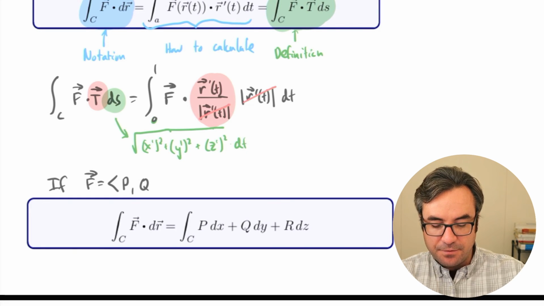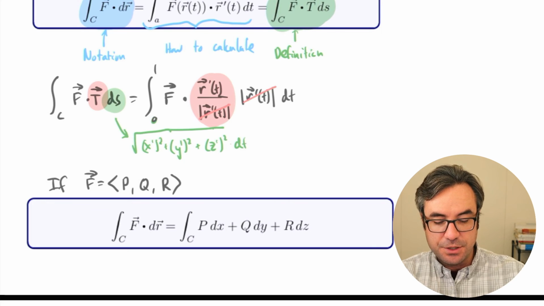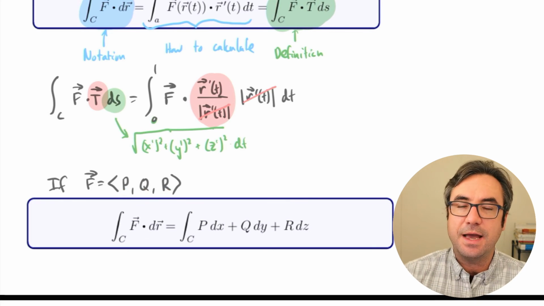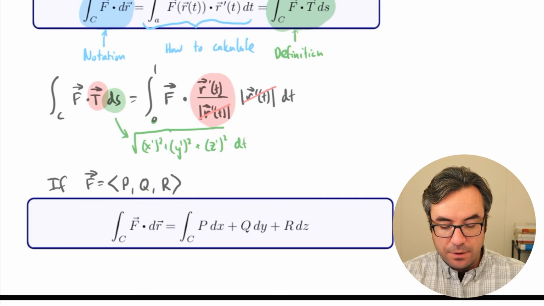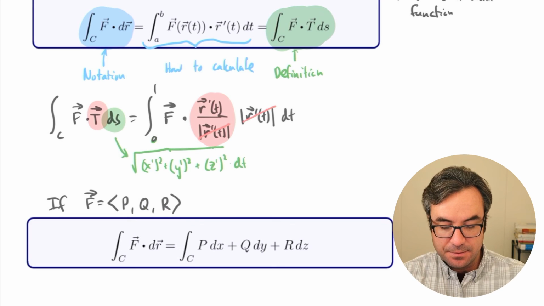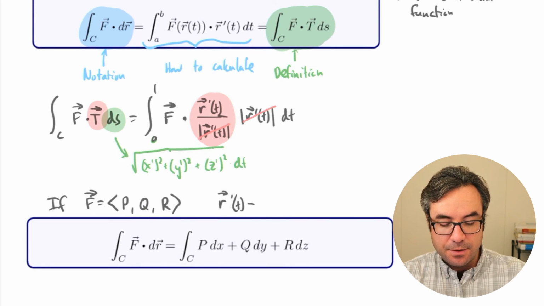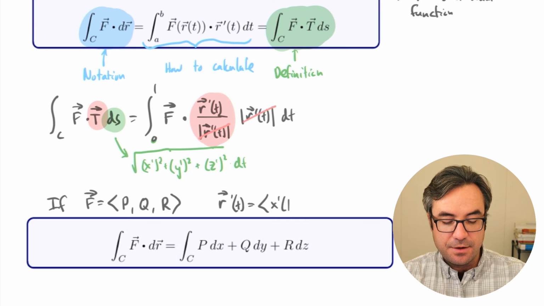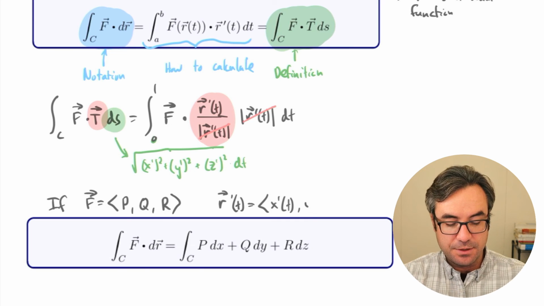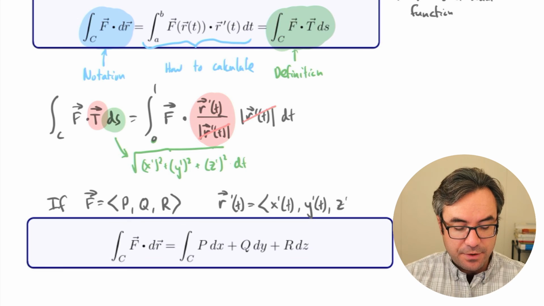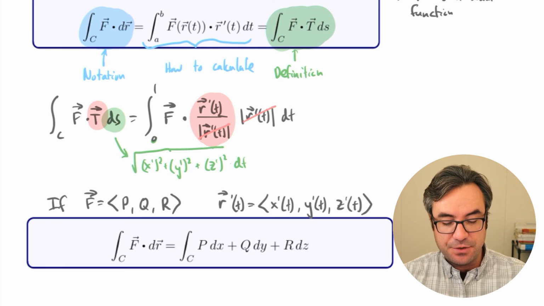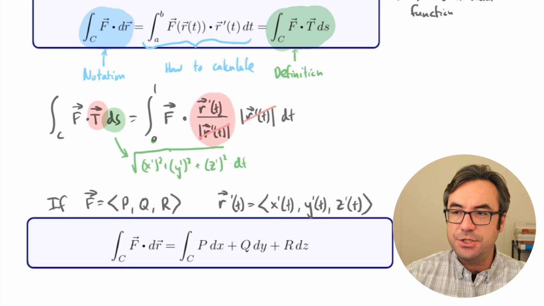If we write our vector field with component functions P, Q, R as a vector here, then when we do the dot product with r prime of t, which is the derivative of the x component function, the derivative of the y component, and then the derivative of the z component, we just differentiate each of the parametric equations there.